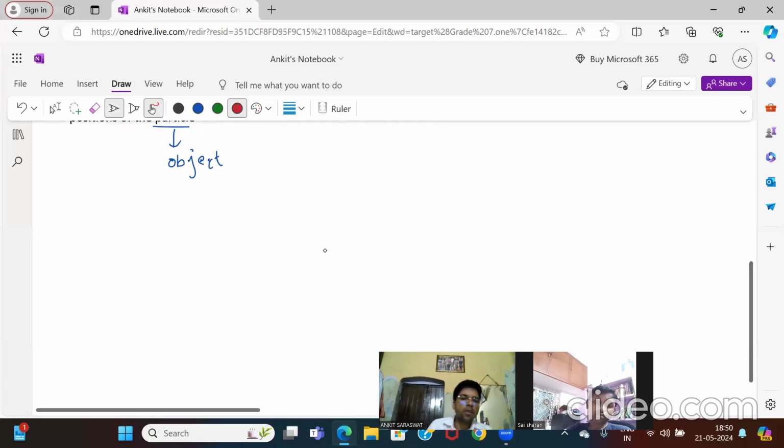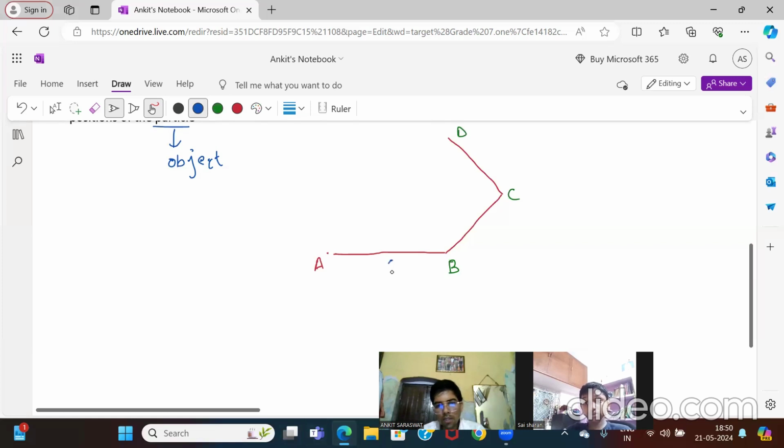For example, initially your car is at location A and you are going in this direction, and again moving in this direction, A to B, then B to C, then finally you reach D. This distance is 6 meter. This is 2 meter. This is 4 meter.